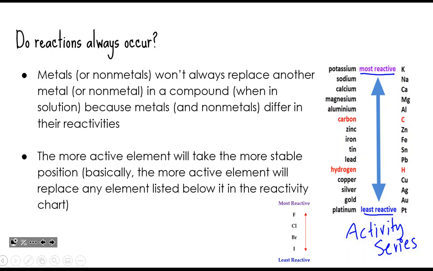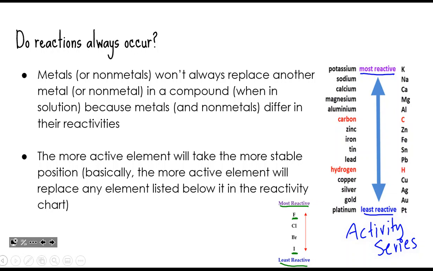There's also, for the halogens, because they do single replacement as well, they follow: most reactive is fluorine, least reactive is iodine. So as you go up the group, you get more reactive. Fluorine being the most reactive, iodine being the least reactive. So in order for the single replacement reaction to take place, the element that wants to join the compound has to be more reactive than the element in the compound already.